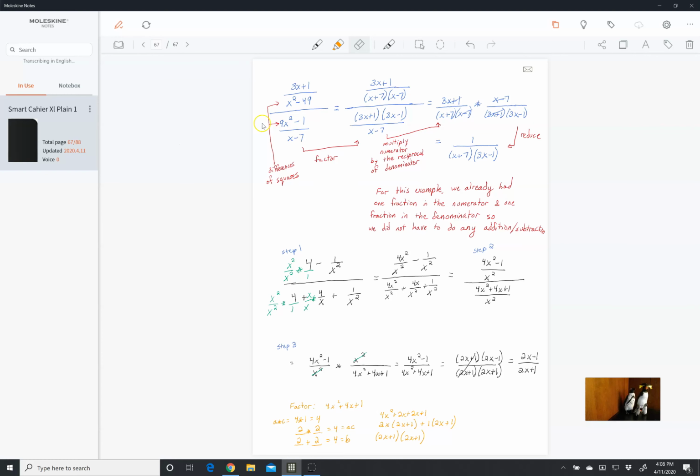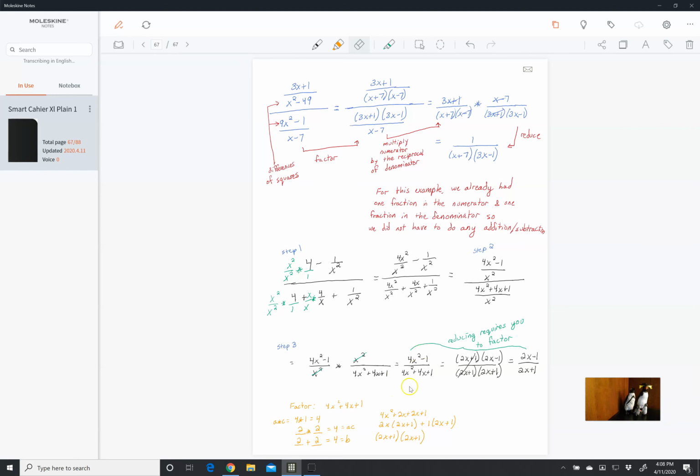Okay, so this whole last section that you see here is an effort to reduce. That's what's going on in this whole section.